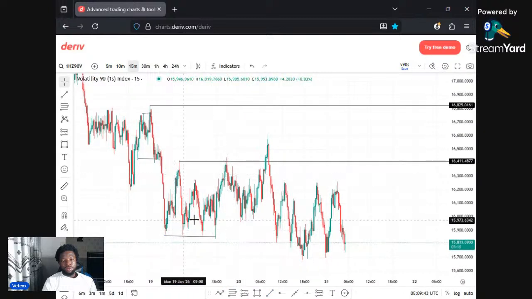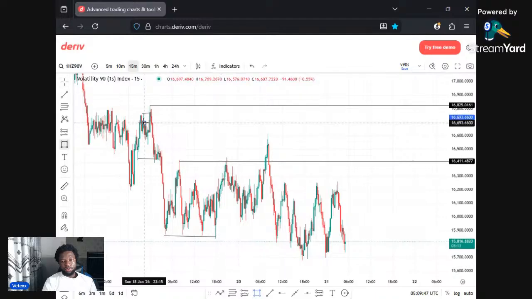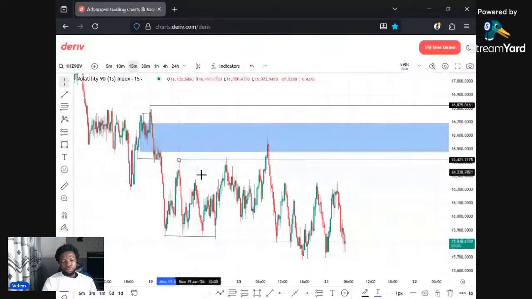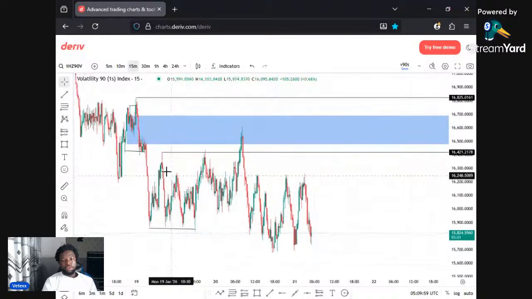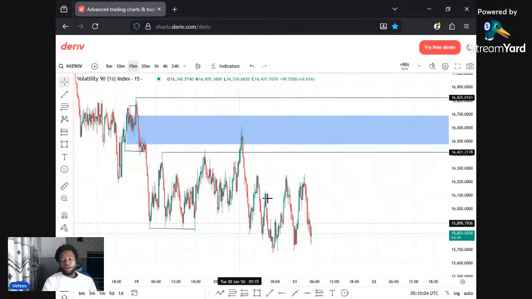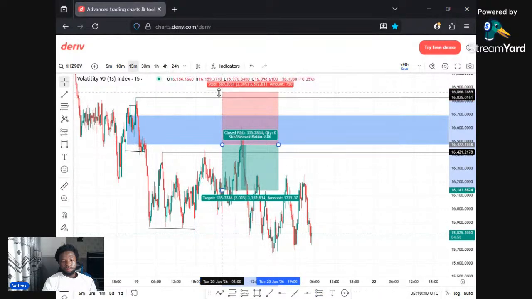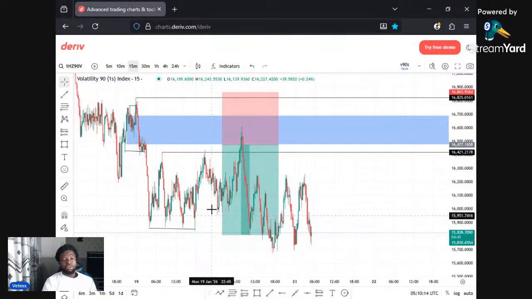Price retraces back into the point of interest and then continues in the opposite direction, which is this. So you see price took out the structural liquidity and shot in the opposite direction, which immediately smashes its target. So it smashes its target.